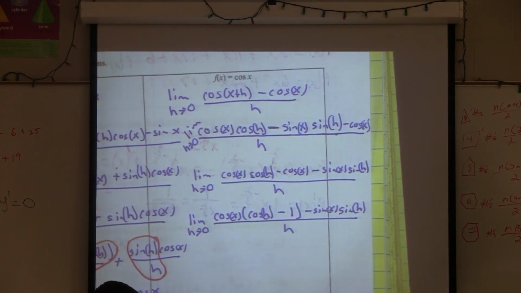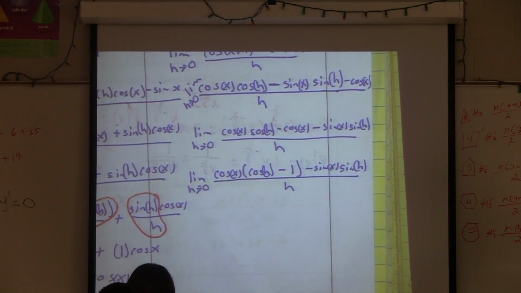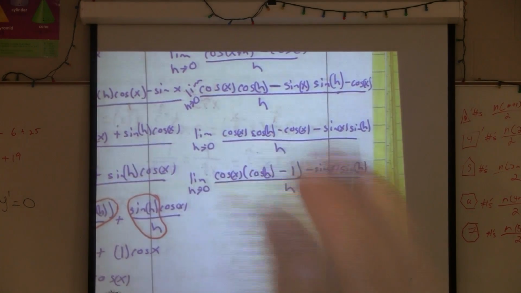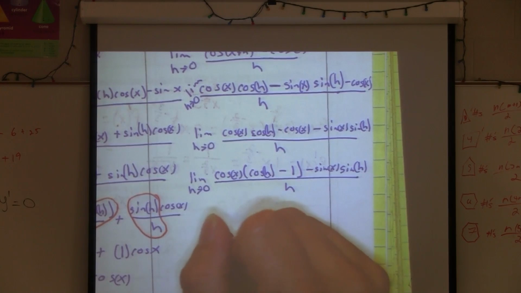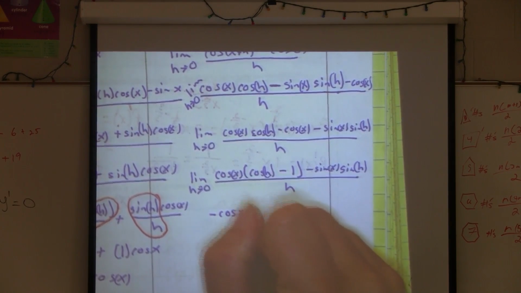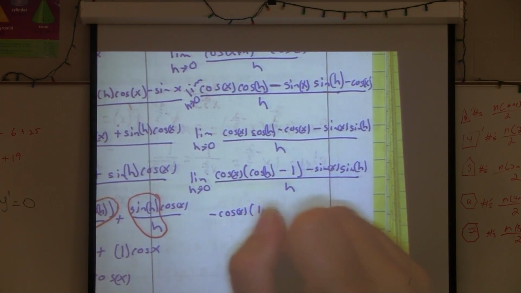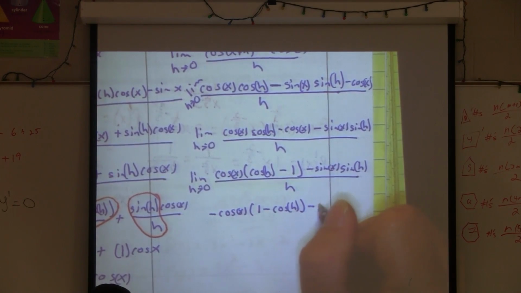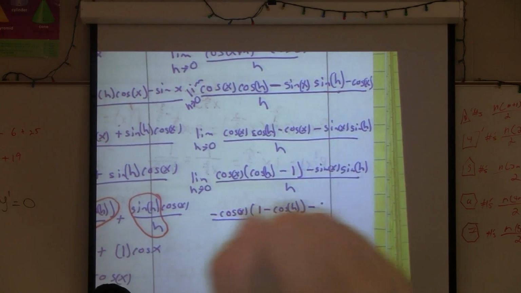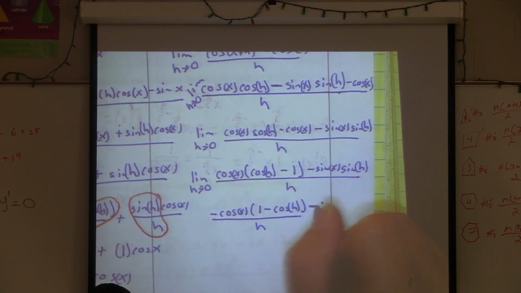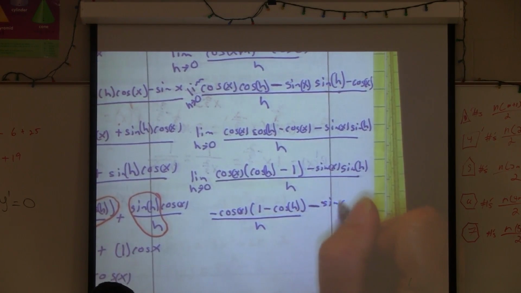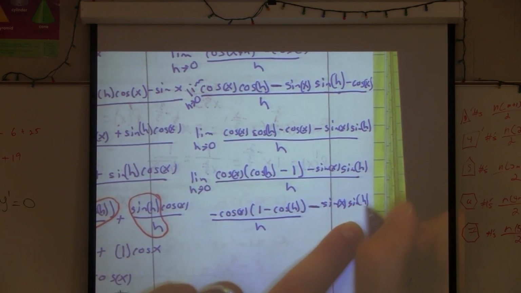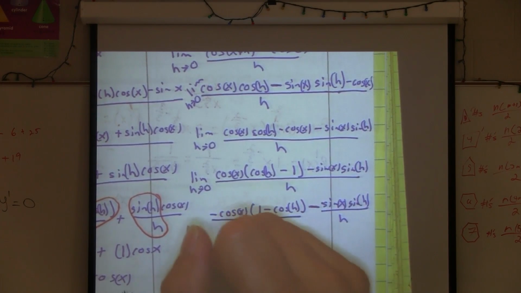Okay? Now what can we do? Take out a negative so we can get it into that form. I'm going to take out the negative and I'm going to split the fractions, okay? So that'll become 1 minus cosine of h, all of that over h, minus sine of x, sine of h, also over h.